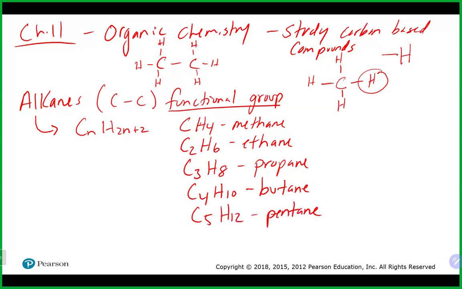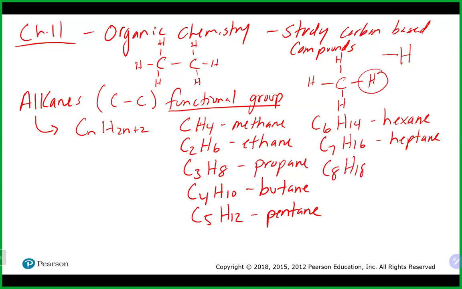At this point, from 5 and on, we just use prefixes, like what we did with type 3. 6 carbons would be 14 hydrogens. 6 is hexa, so that would be hexane. 7 carbons is 16 hydrogens. That would be hepta for 7, so that is heptane. 8 carbons gives you 18 hydrogens, octa for 8, and that is octane. 9 carbons gives you 20 hydrogens, nona for 9, which gives us nonane.